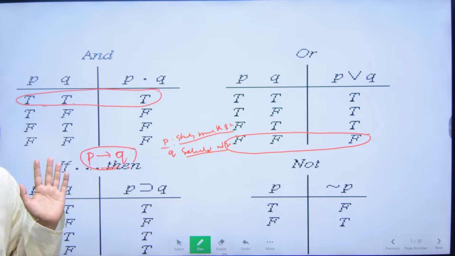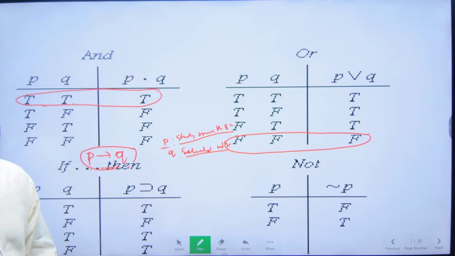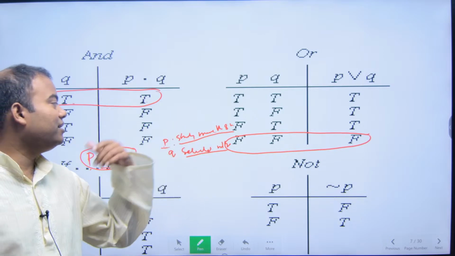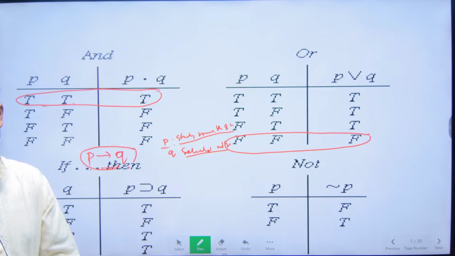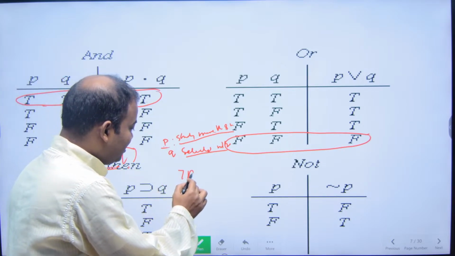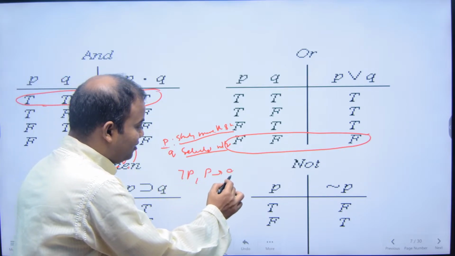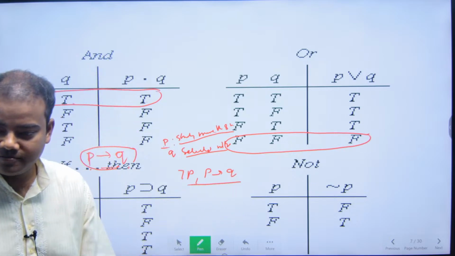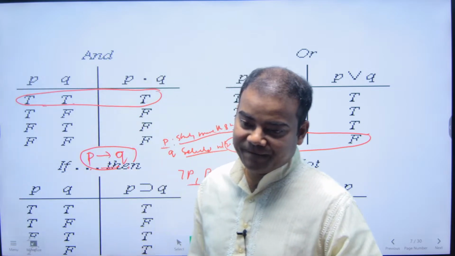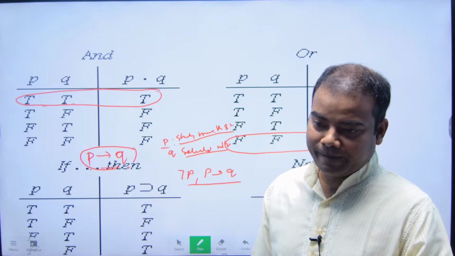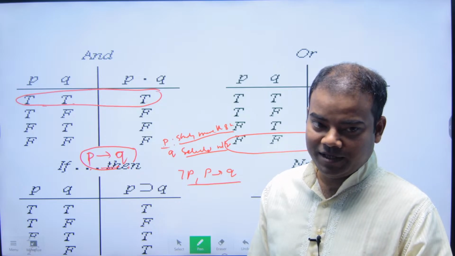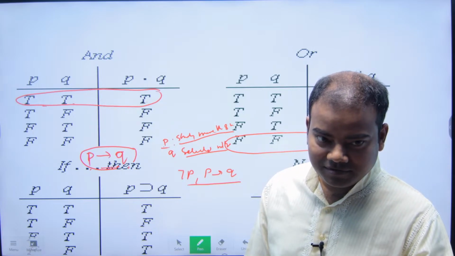Is it clear? Now this statement is given, and it is also given that X does not study more than 8 hours. Means not P is given, and if P then Q is given. So what is the conclusion? True. Is it clear?